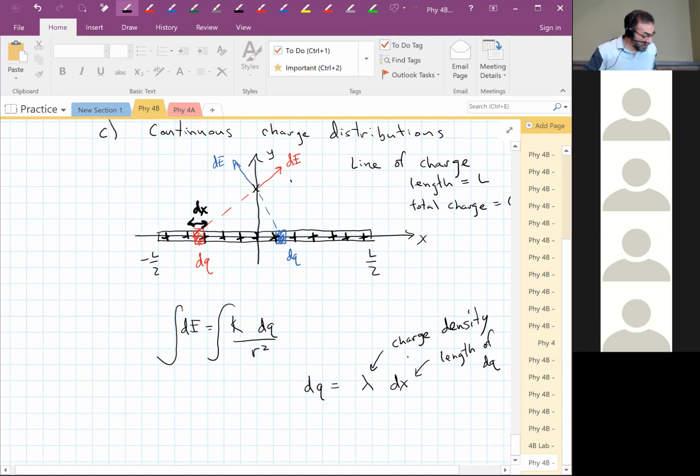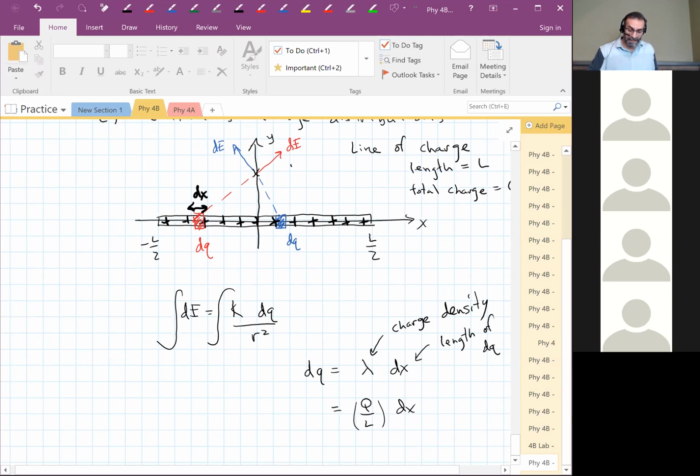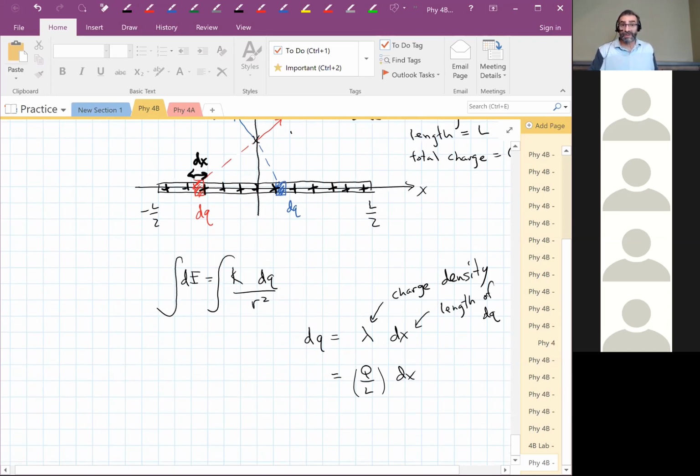So we've got the charge density multiplied by the length, which is dx. And in this case, if it's uniform density, it doesn't have to be uniform density, but if it's uniform density, this is Q over L, total charge over the total length, times dx. If it's not uniform density, you're probably given some function for the charge density, and you just stick the function in there.